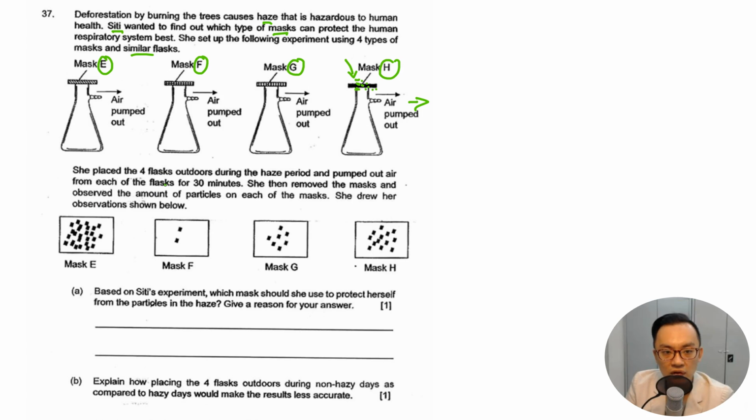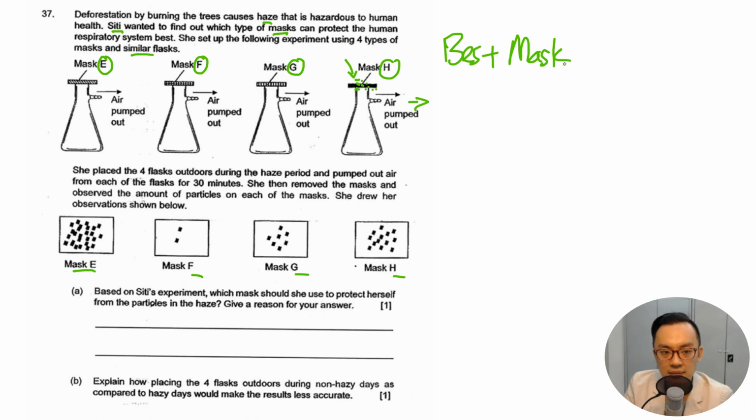She placed the 4 flasks outdoors during the haze period and pumped out air from each of the flasks for 30 minutes. She then removed the masks and observed the amount of particles on each of the masks. She drew her observations shown below. So mask E, F, G, and H. Even before looking at the question, you should roughly guess that she's trying to find out which is the best mask.